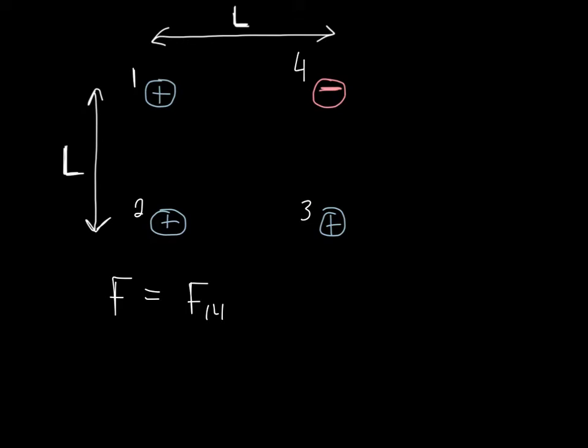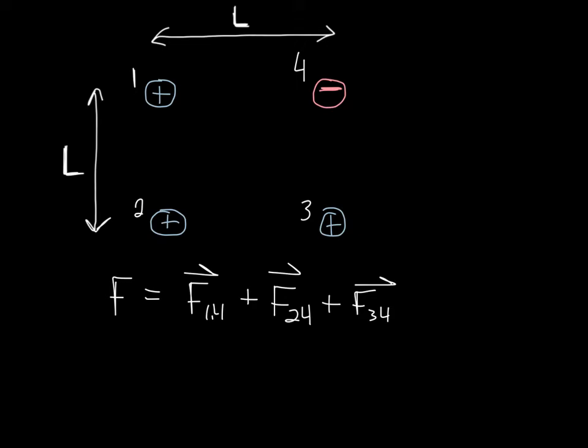I'm going to call that F with subscript 1 and 4, F of 1 on 4, plus the force of 2 on 4 plus the force of 3 on 4. And I need to add these up like forces, which we know are vectors.